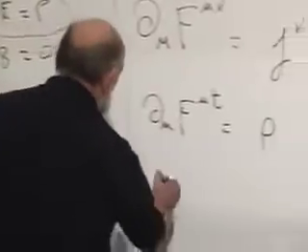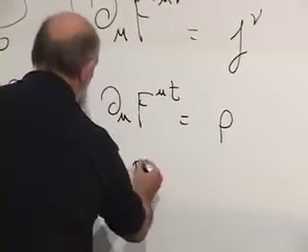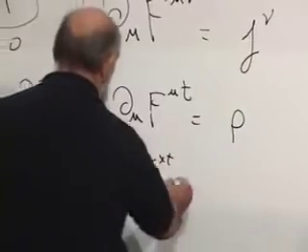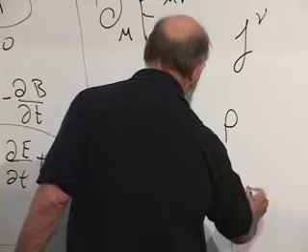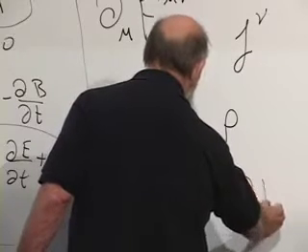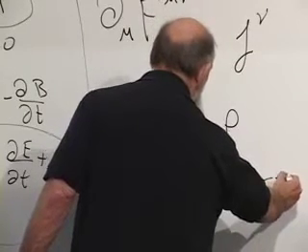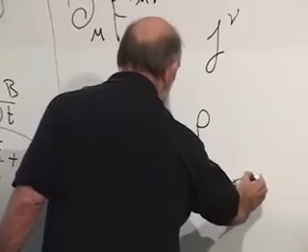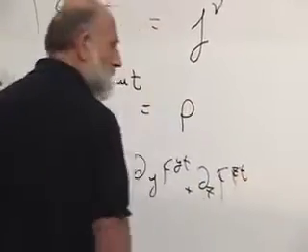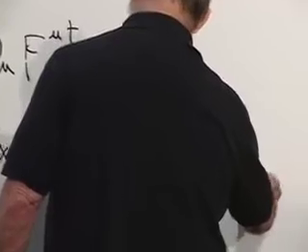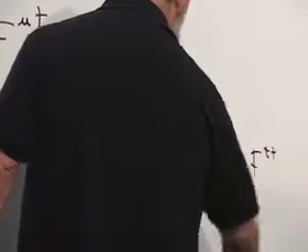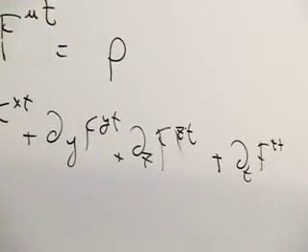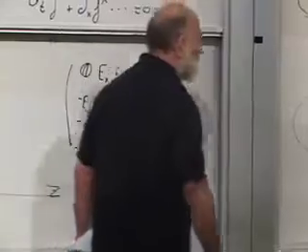We can write this as dx Fxt plus dy Fyt plus dz Fzt. Am I missing one? Yes, I'm missing one. I'm missing dt Ftt. But Ftt is 0. All the diagonal elements of the matrix are 0.